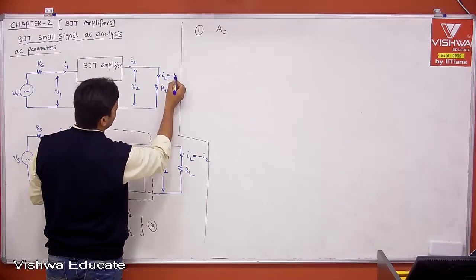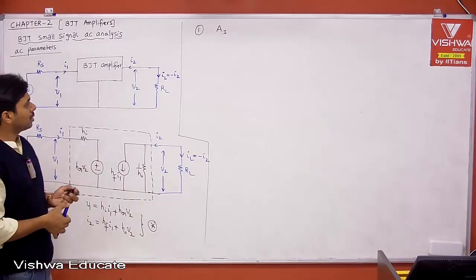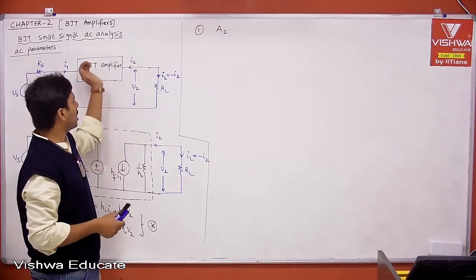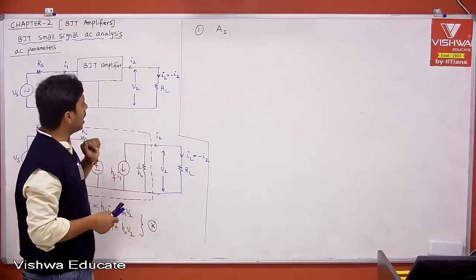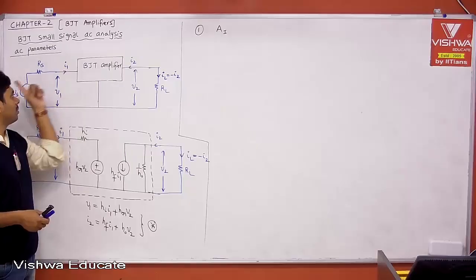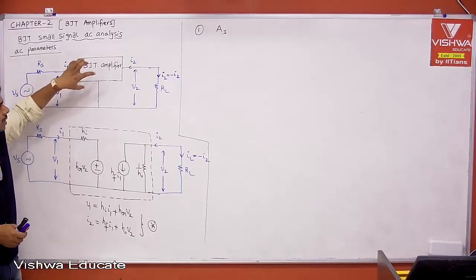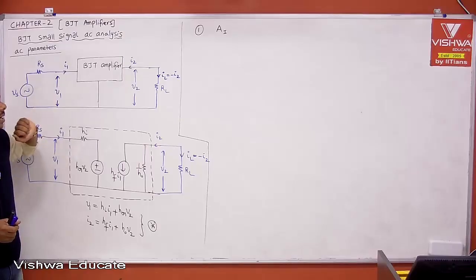IL is equal to minus I2, the current entering your load. Let us say this is your loudspeaker: how much current your BJT amplifier is giving to the loudspeaker is the output current, and how much current it is taking from your source is the input current.